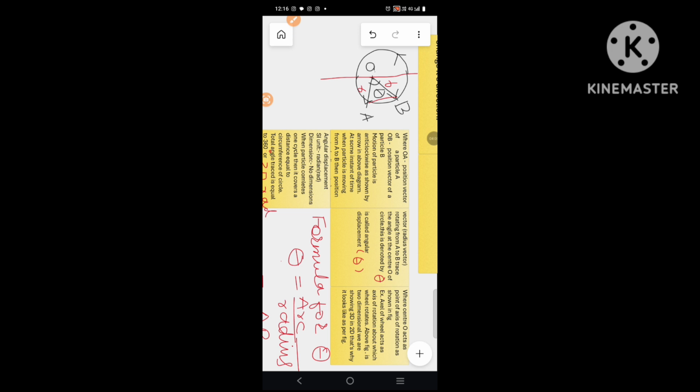When the motion of the particle is along the circumference, the position of the particle can be represented by a line joining the center to the position of the particle.